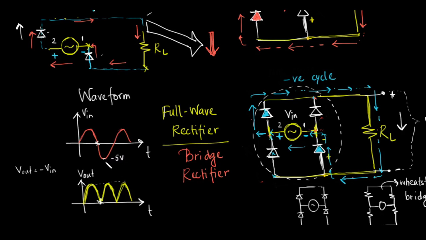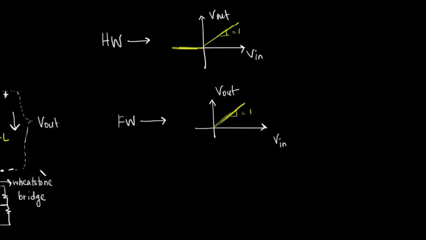For minus 5 volt, what is the output voltage? The output voltage is plus 5 volt. So how can we describe this? We have a minus voltage in the input, but a plus voltage in the output, so we multiply the input voltage by a minus sign.